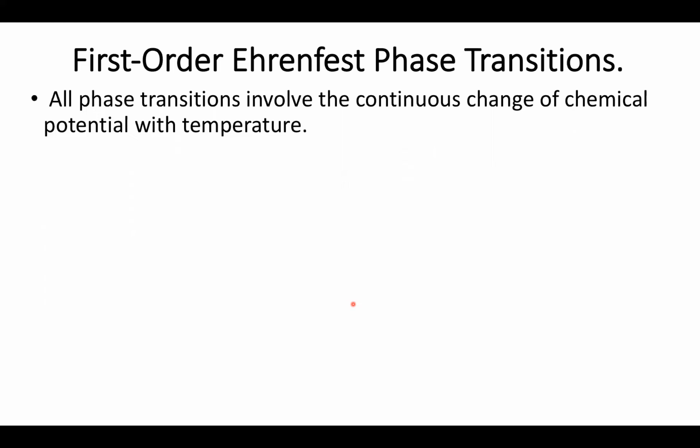Again, this makes sense because by definition, a phase transition is going to occur when the change of chemical potential is zero, and we expect all substances to have a continuous chemical potential, a continuous function with temperature.